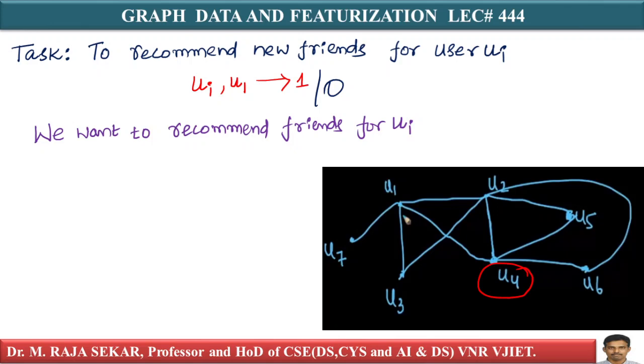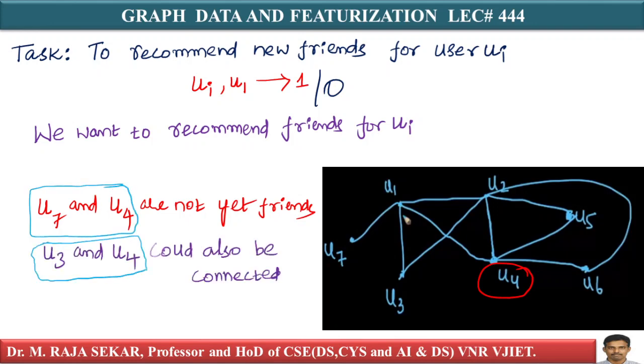U2 and U4 are also friends. U7 and U4 are not yet friends, isn't it? They could be friends. So I have to predict the probability that U7 and U4 are friends.